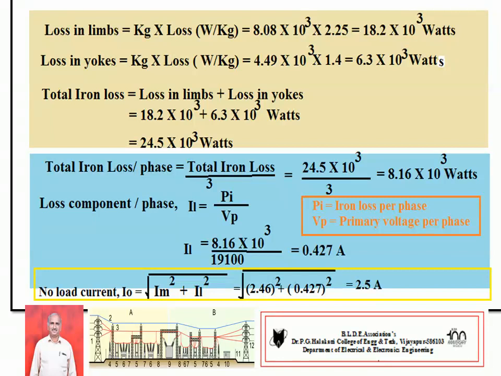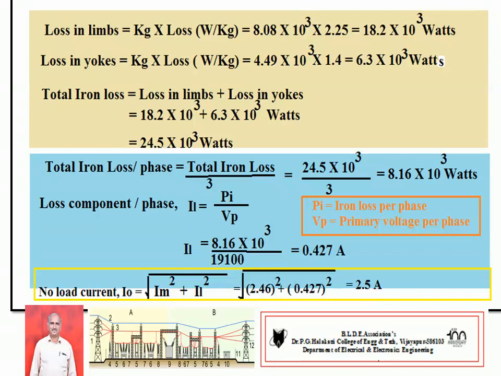So we know the loss in limbs and the loss in yokes, therefore total iron loss is the algebraic sum of loss in limbs and loss in yokes. We can add. We are going to get 24.5 into 10 to the power of 3 watts. This is total iron loss.